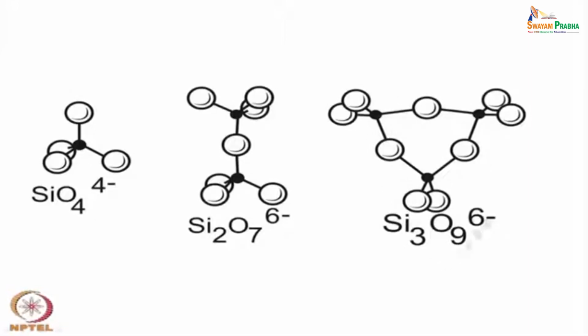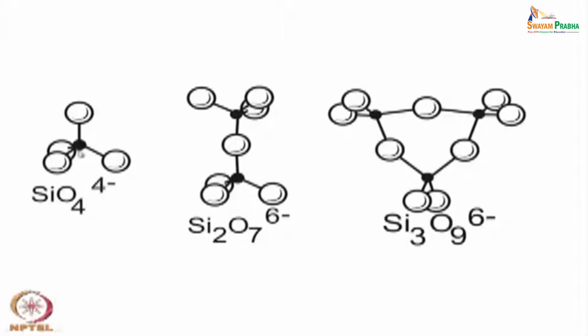This will also have unsatisfied bonds at the outer surface, whereas the previous one has only one bridging oxygen, in the form of a ring it can have 3 different bridging oxygens.